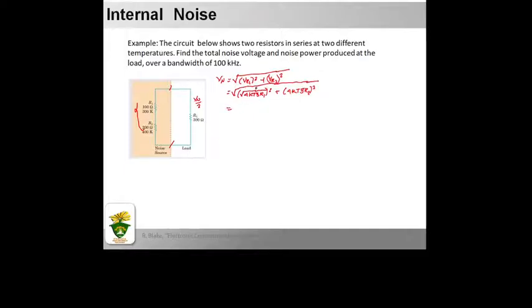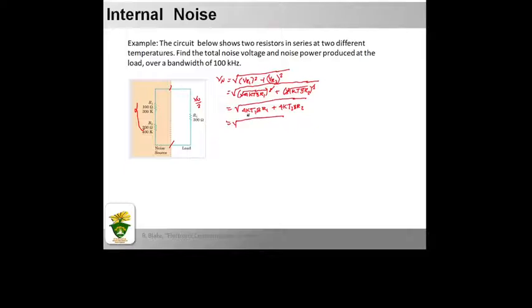Then let us cancel out the square and the square root. So what we have left is 4kT R1 plus 4kT R2. So extract or separate the common terms here.